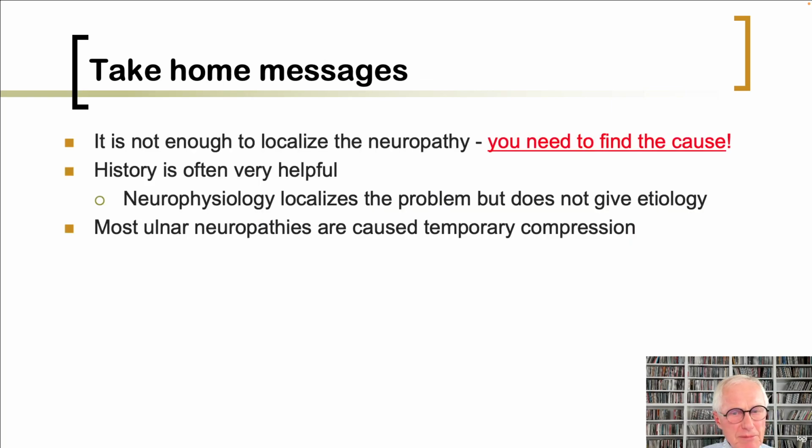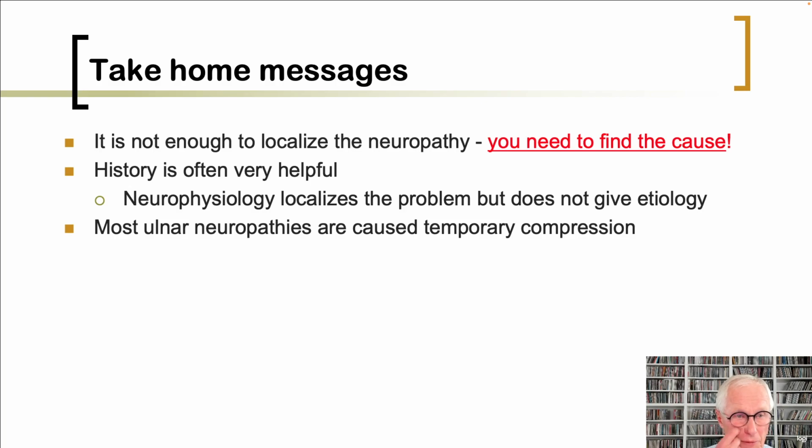The lesson we need to take here is that it's not enough to localize the neuropathy. You need also to find the cause. In this case, the orthopedic surgeon would have operated for sure on the patient if we would not have found the reason for the neuropathy, and he would have been very happy with the result as well.